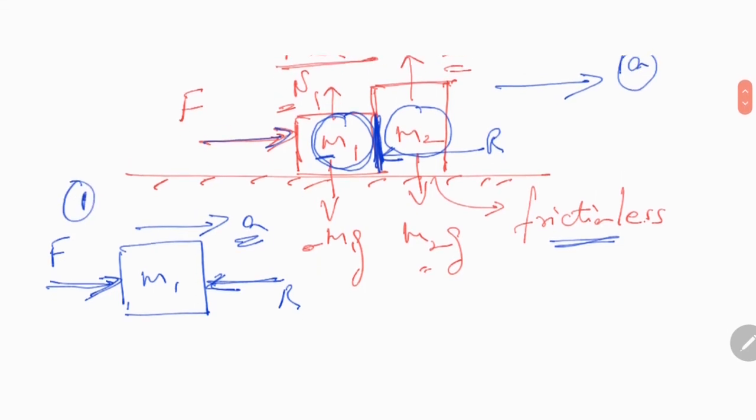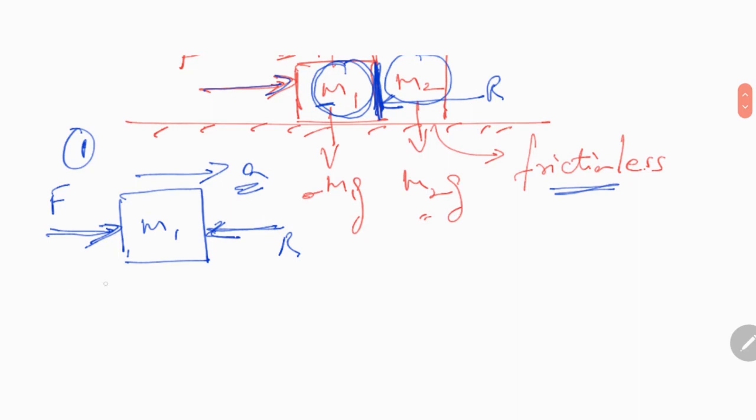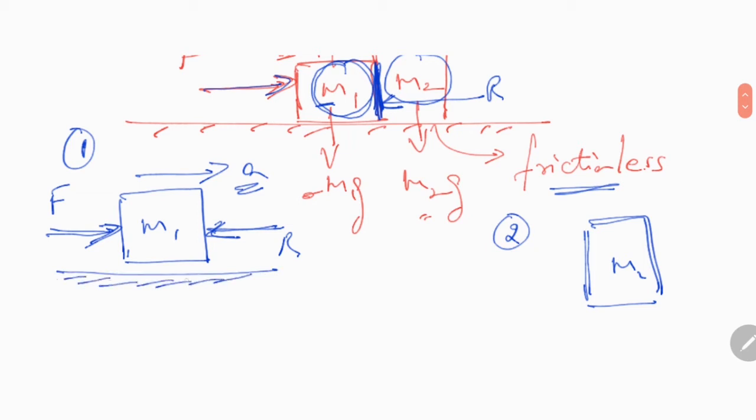Let's draw the second free body diagram here. Now I'll draw it here so that both are visible to you. Now we have obviously our second mass, which is a slightly bigger mass, m2. And if you notice, I have not drawn the floor here because that is not necessary, because we are drawing a free body diagram. Okay, now what is happening to m2?